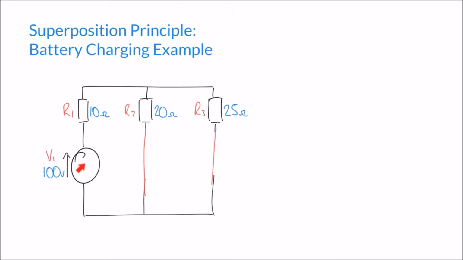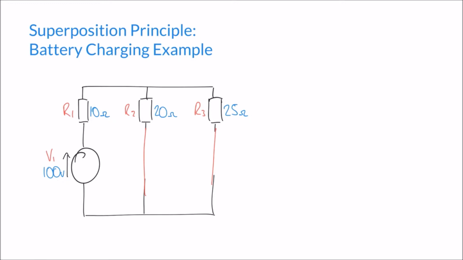So the power supply, we can suppose, has an impedance or resistance of 10 ohms. Our first cell being charged has an impedance of 20 ohms, and our third source, the cell being charged, has an impedance of 25 ohms. I'm removing the voltage sources, but I'm leaving the impedances in place.